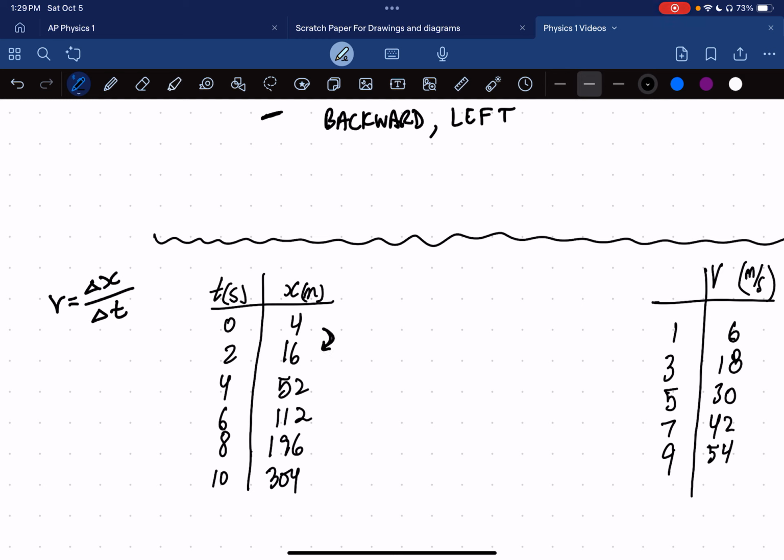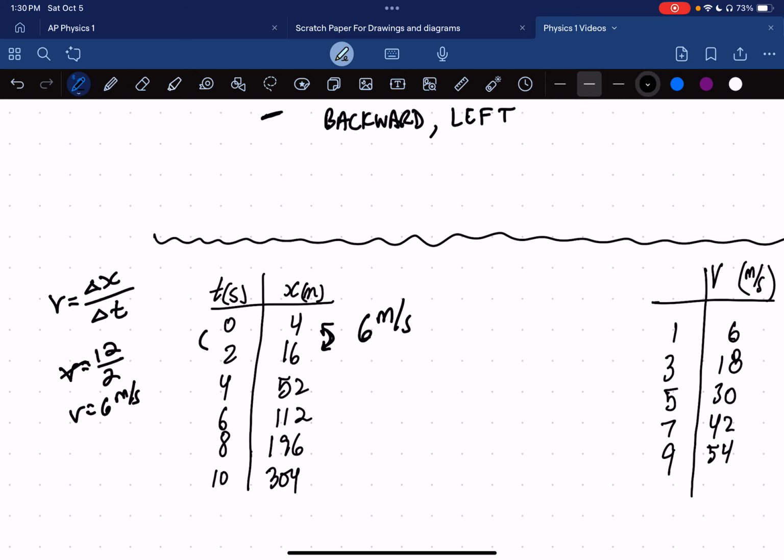My change right here from 4 to 16 is 12 meters of change. And my change in time here is 2 seconds. So 12 over 2 would be 6. So the speed of the object is 6 meters per second in this interval right here.